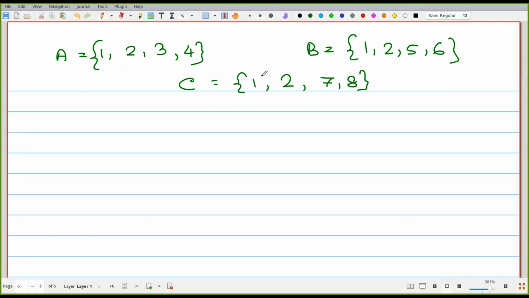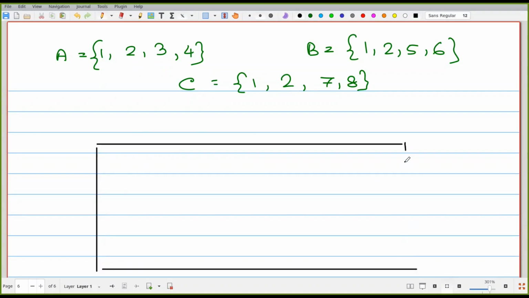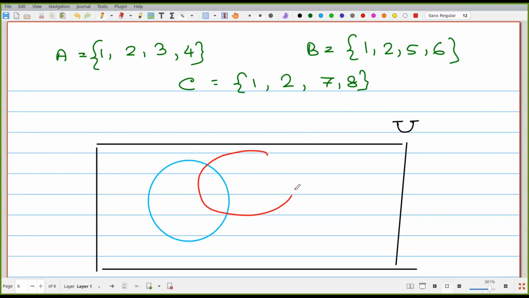So if we want to draw the Venn diagram, same as before, draw the rectangle for the universal set here. Okay, then first draw set A. Then second draw the set B.